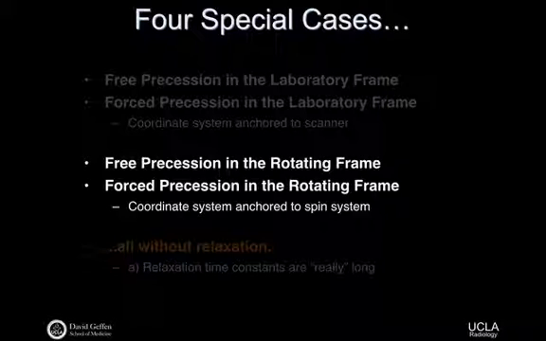Right. So now let's come back to the equation of motion that we had, right? And the equation of motion said something like dm rho dt was equal to m rho cross gamma. We could write this in different ways, but I'll go ahead and write it as omega root by gamma plus B root.